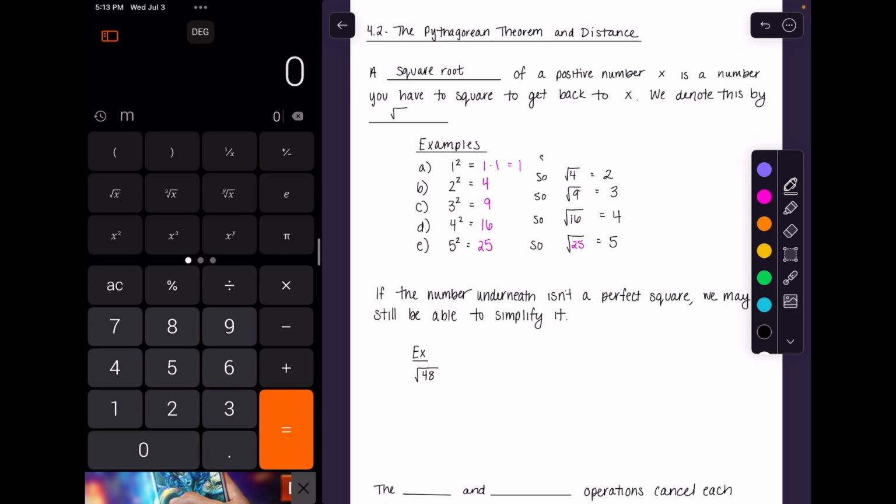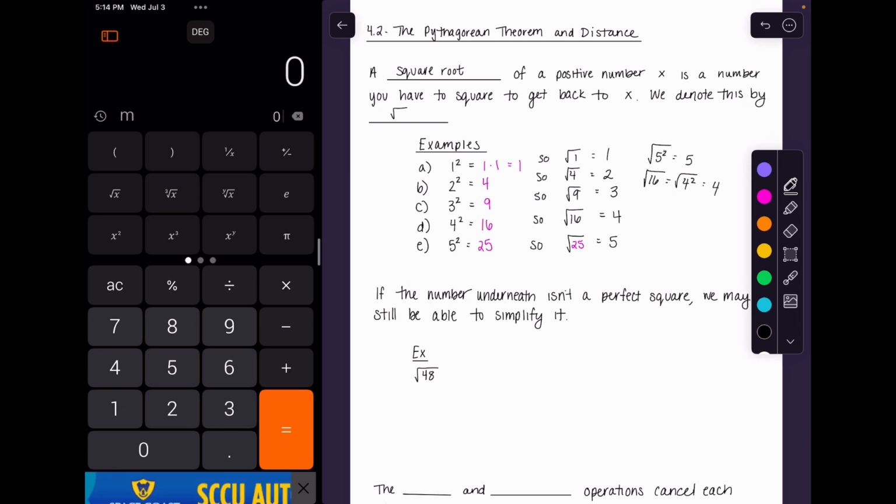That's 2. And the only number times itself to give me 1 is 1. Essentially, when I take the square root of 5 squared, just the square root of 25, it cancels out and gives me 5. If I take the square root of 4 squared, that's 16, the square and square root operations cancel and give me 4.